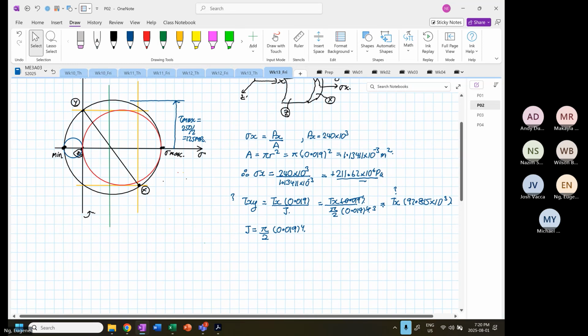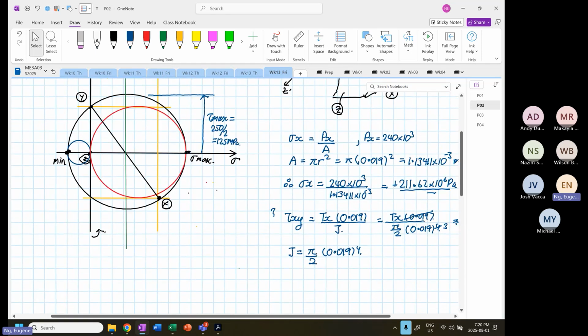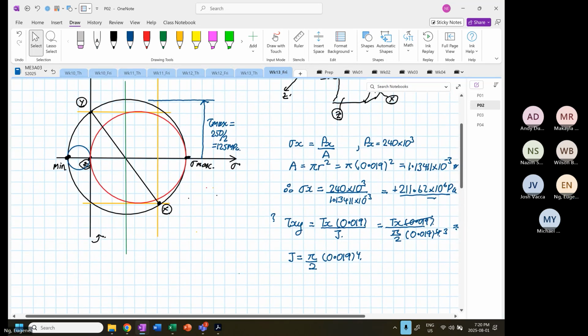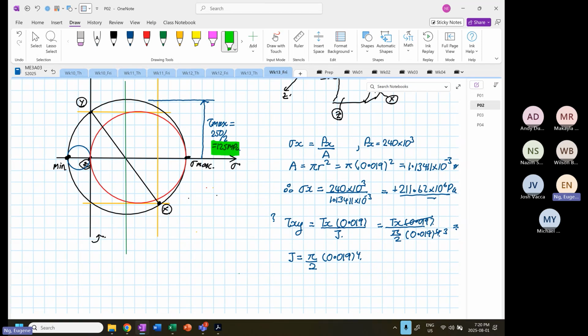Right. So we know, what we have to find now, right? There's a relationship that we know that this is equal to 125, right? And this distance from here to here is your 125.